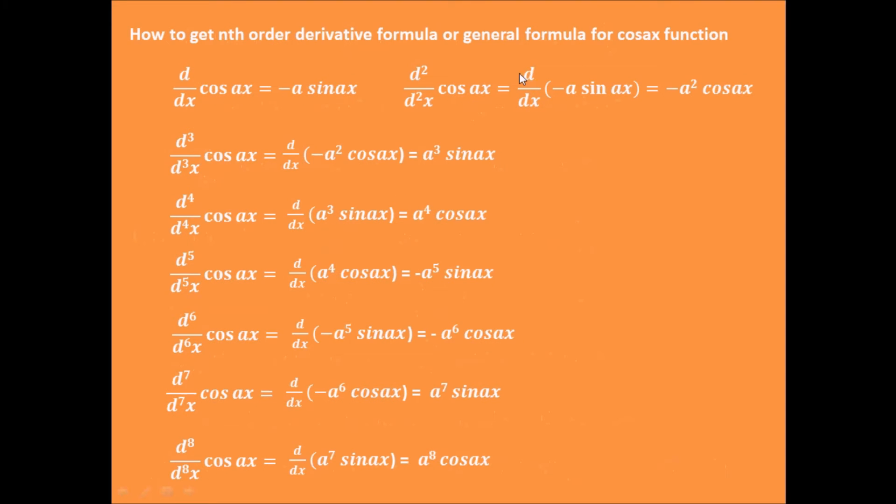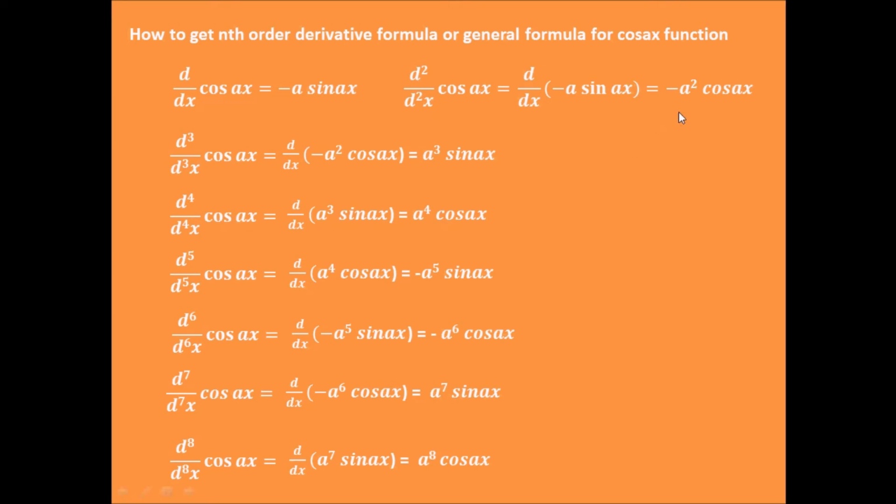As you can see, for the even number n, such as 2, 4, 6, and 8, all terms include cosine ax. The difference is the minus and positive signs.